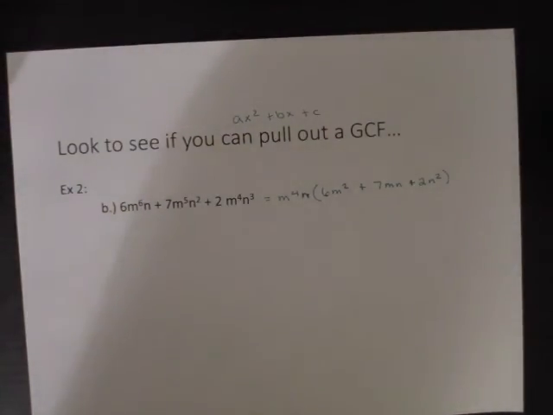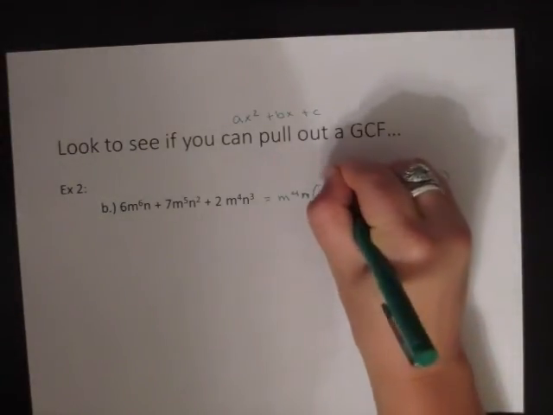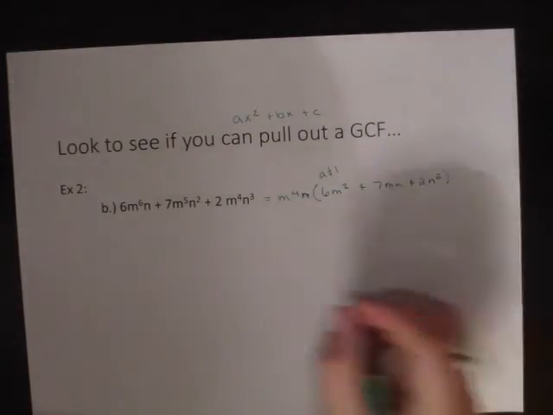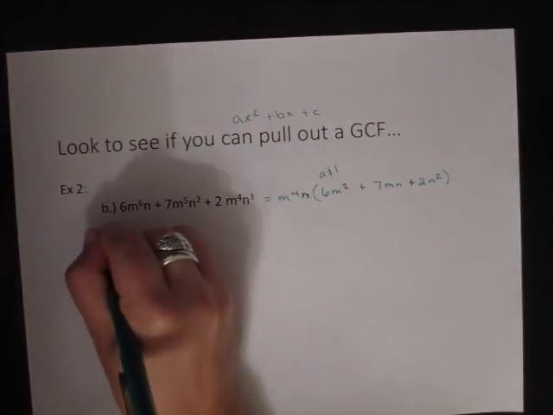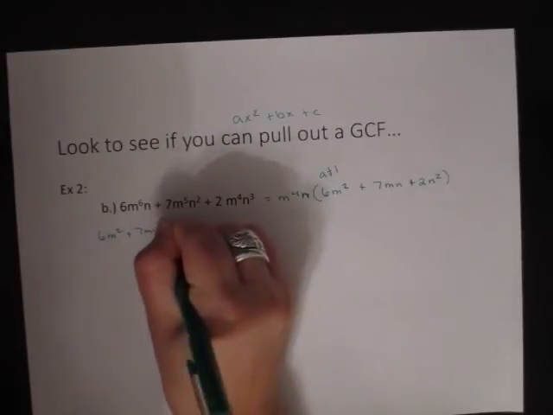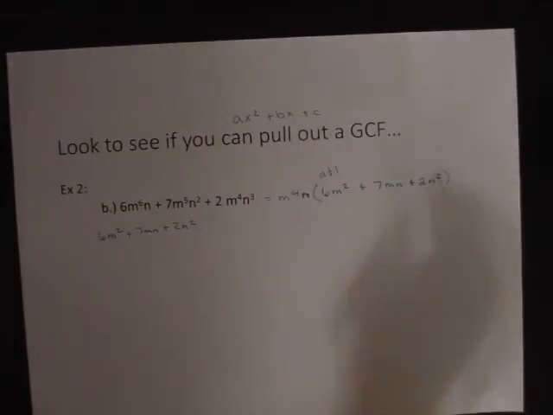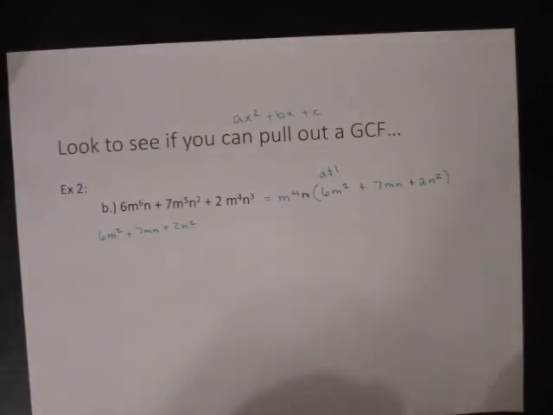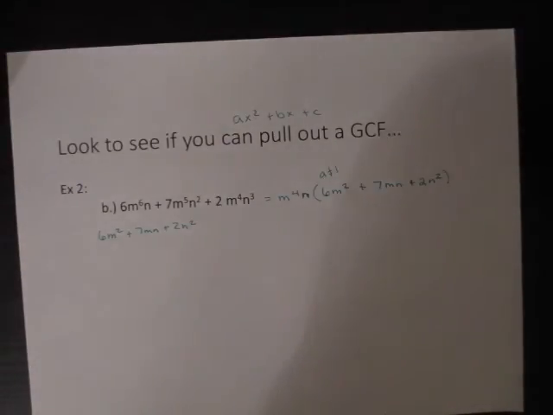Okay? So now I've cleaned it up a little bit. I see that my a still does not equal 1. So now I'm going to rewrite it over here so that I can work it out. So we got 6m squared plus 7mn plus 2n squared. Please don't be intimidated by the double variables. I promise it will work itself out.